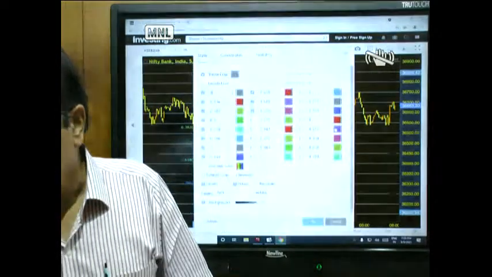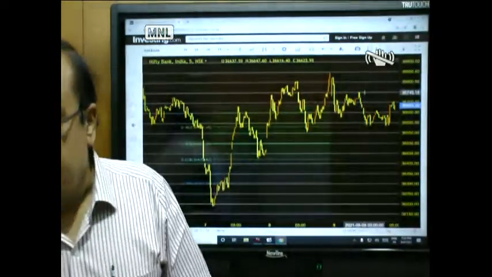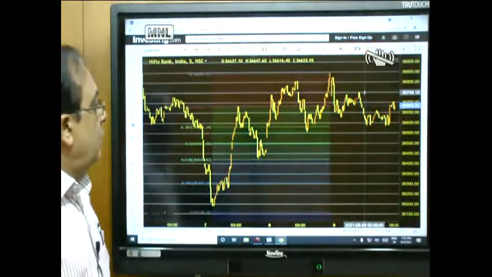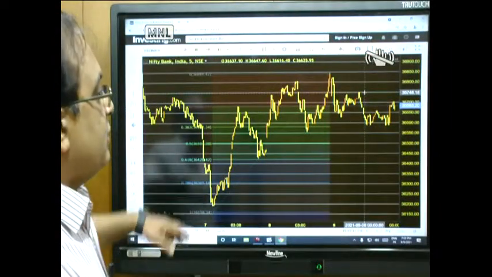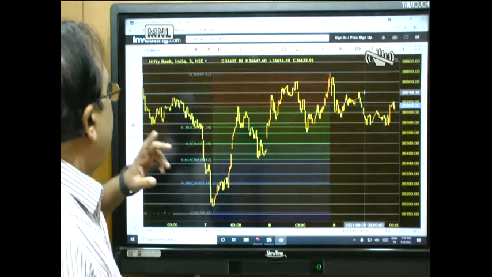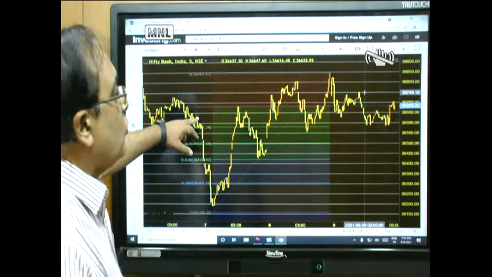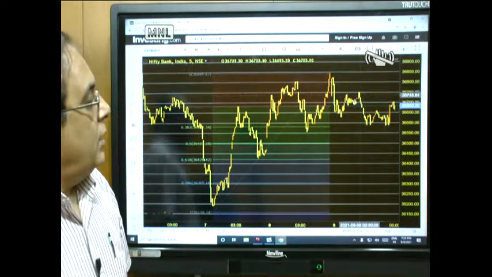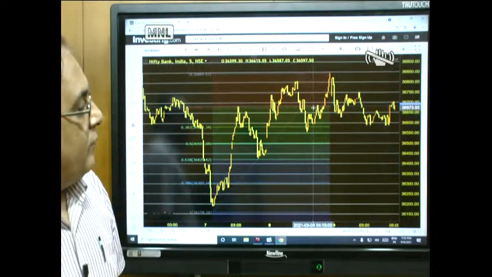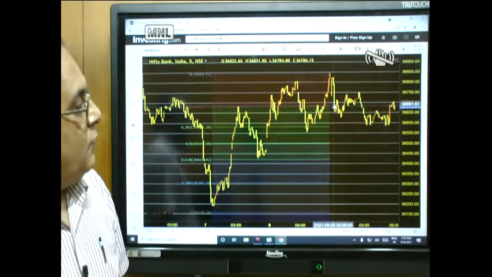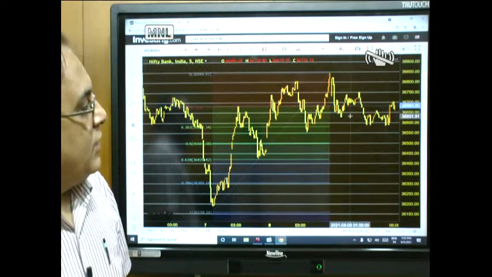I will just read it out for you because the visibility is a little poor. We have 36,682 as the first level, the 23.6, from the bottom of 36,155 to 36,850.